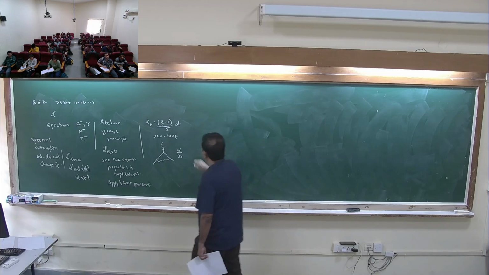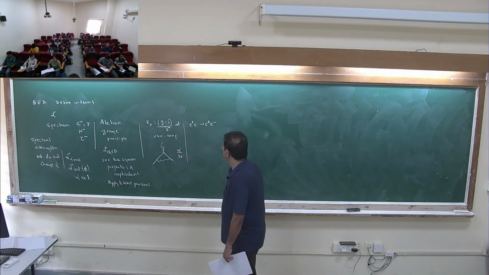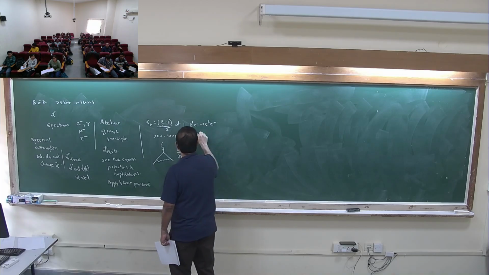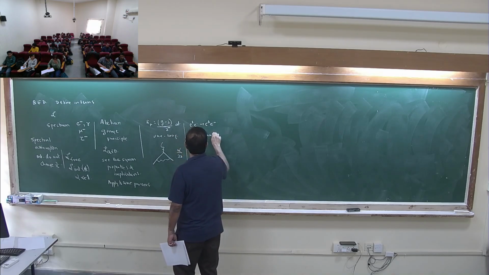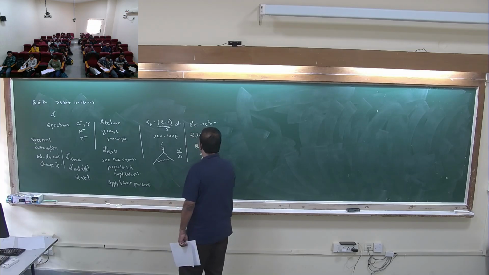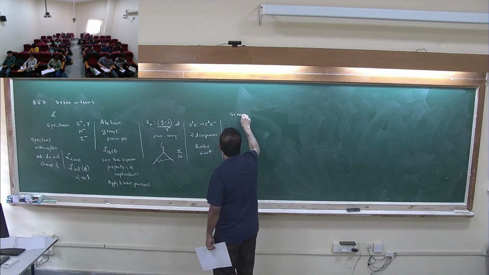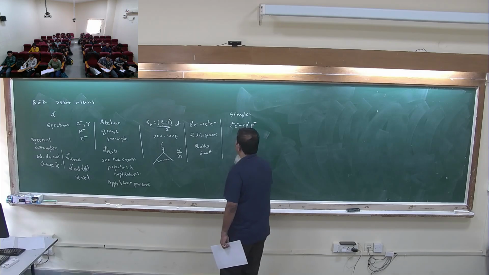You could also study processes like e+ e- going to e+ e-. But here there are two diagrams which contribute to this, and this is called Bhabha scattering. A simpler process is e+ e- goes to mu+ mu-. Why? Because there's only one diagram. Okay?